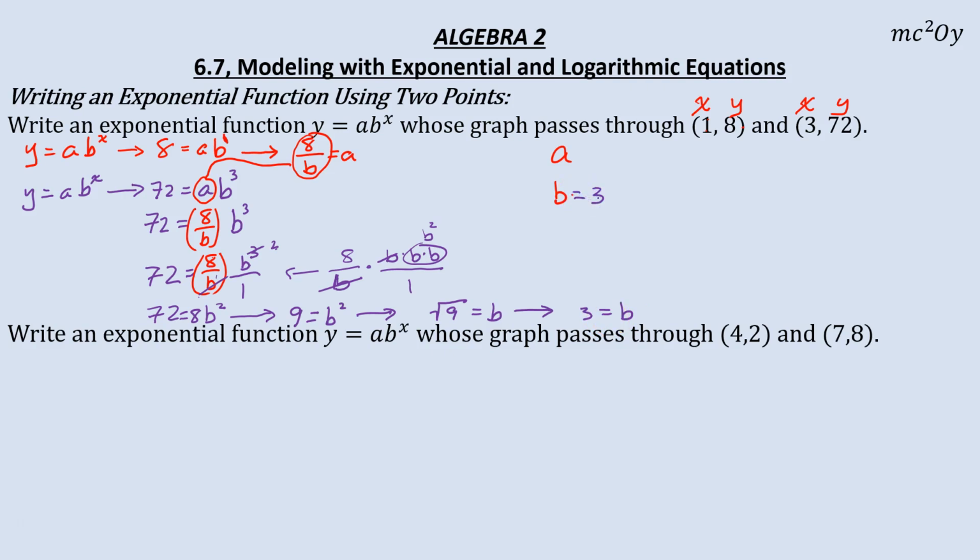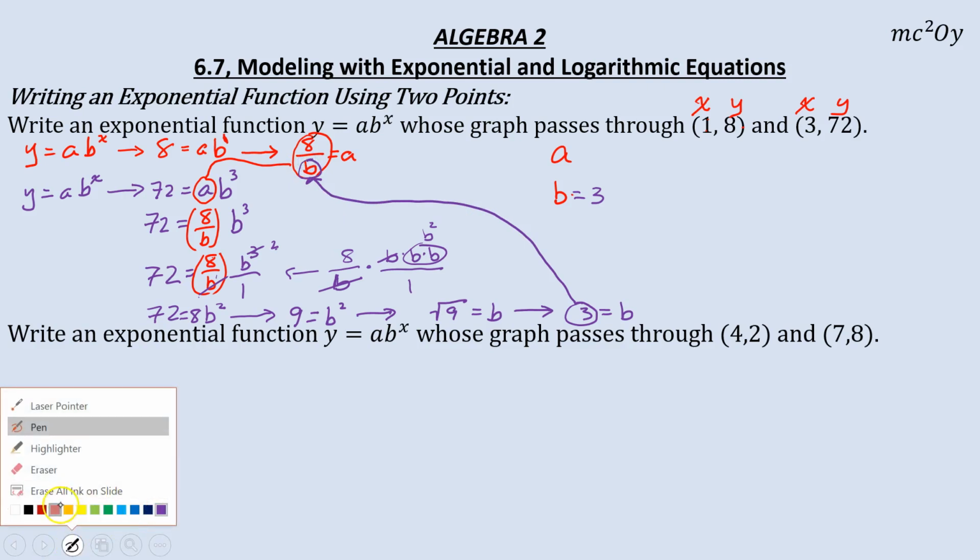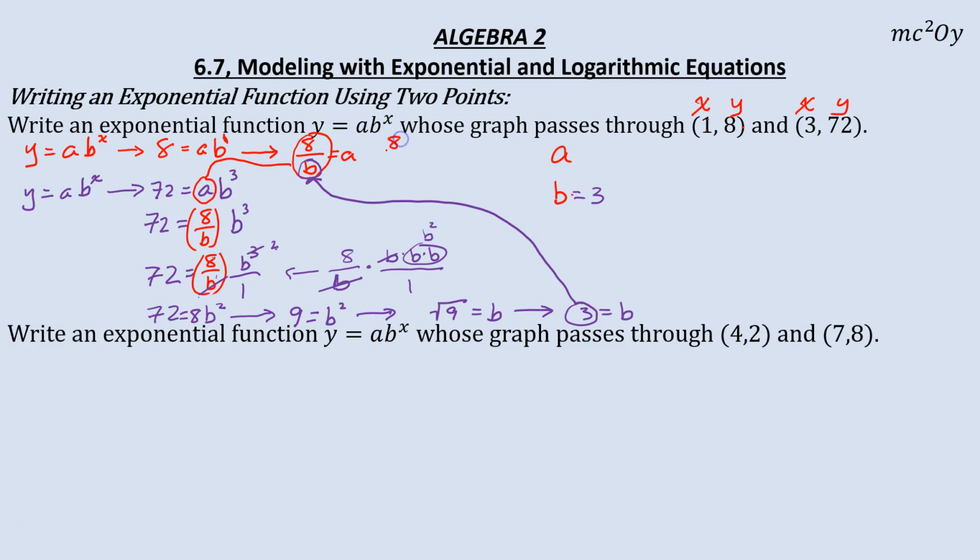I now need to figure out a. How can I figure out a? Well, you can take what you have for b, that 3, and you can go right back up here and put it in for b. Like this big vicious cycle, right? And so now I have 8 over 3 equals a.